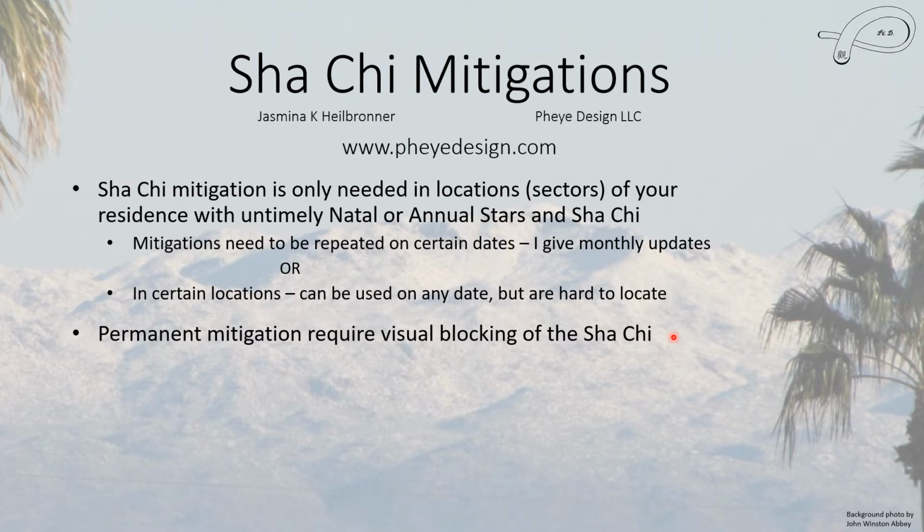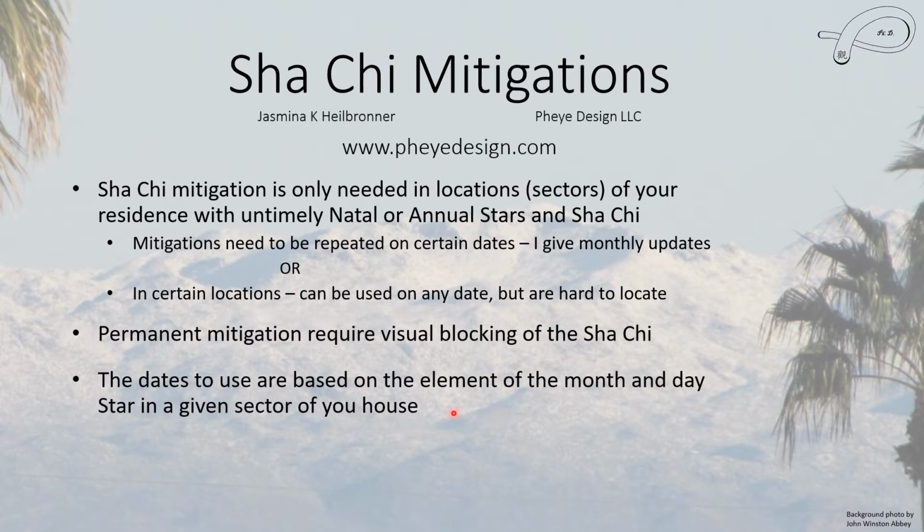Now that's not very practical, but it could be that maybe you only need to open them very occasionally, and when that happens, you use the mitigation. But again, if you've hired me and we just use this location thing, it's very easy for you to mitigate it. So it's not the end of the world if you do have Sha Chi. Your house is still quite usable.